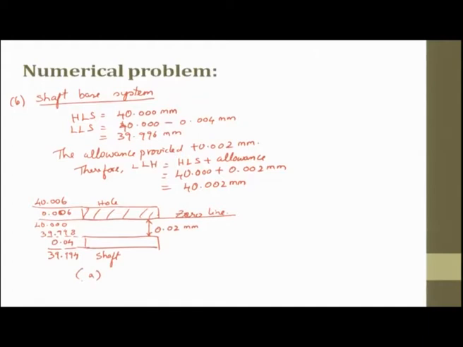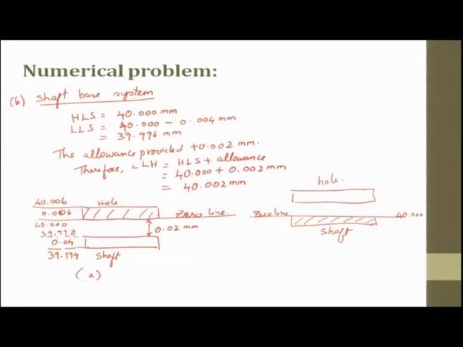Let us draw the same for a shaft based system. This is your zero line. Here is your hole and here is your shaft. This is going to be 40.000.